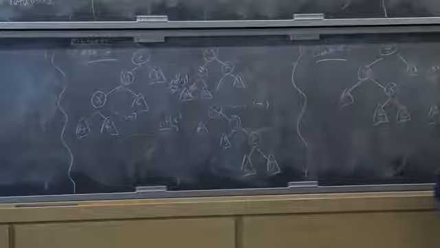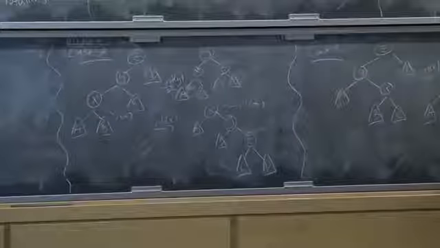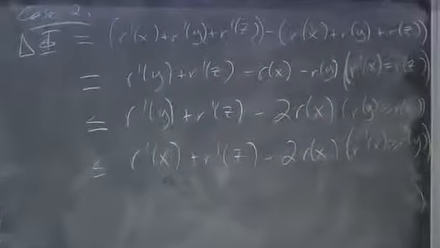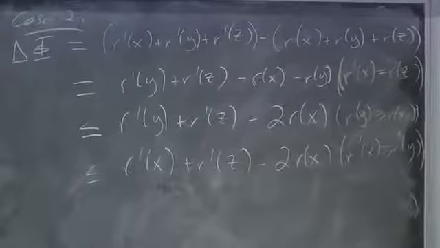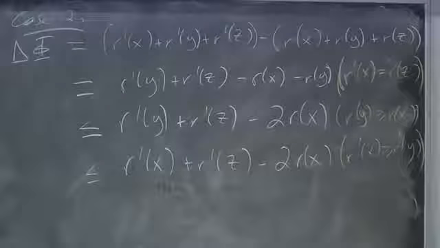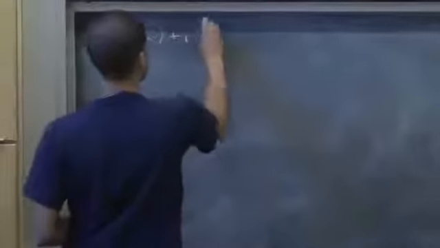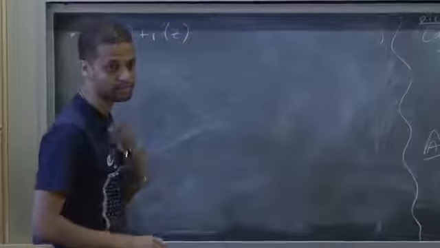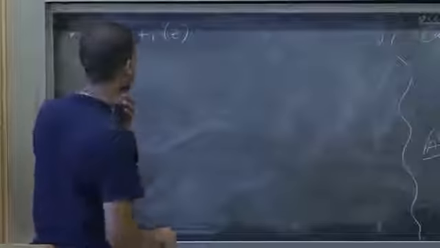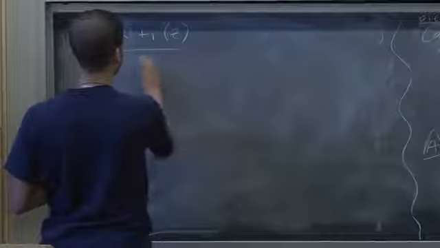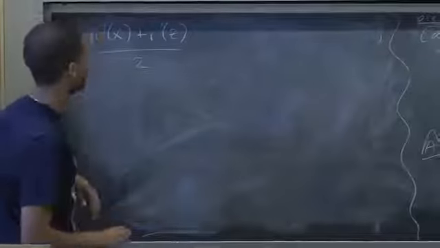So now let's do a little more. Now I want to bound this business here. So let's look at this thing, R prime of x plus R prime of z. Let's bound it. Let's divide by 2. What is this thing?